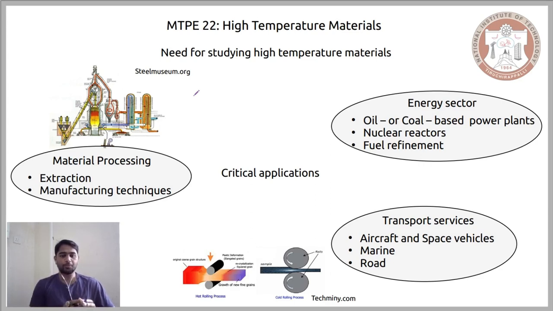So high temperature materials play two roles in material processing. One is wherein we attempt to extract the actual material that we desire from its ore. This material could be a pure element, or it could also be an alloy, wherein we combine different pure elements or add some alloying elements to create an alloy that has the desired properties and caters to a specific need.